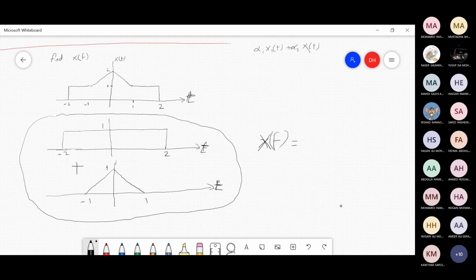I can change this one to a Fourier transform, change this one to a Fourier transform, then add them together. So the Fourier transform for this one is sinc: 2 multiplied by 2 is 4, f, and 4 multiplied by 1 is equal to 4.